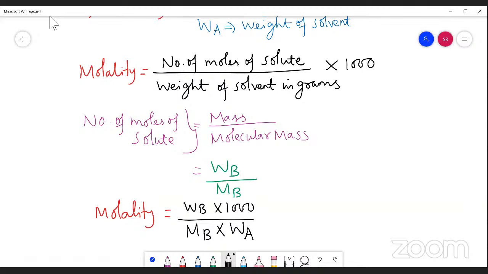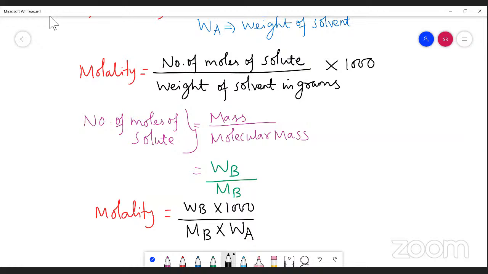This is what is called molality. So molality is WB into 1000 divided by MB into WA, where WB is the weight of solute, MB is the molecular mass of the solute, and WA is the weight of the solvent. Now you are ready with the molality.